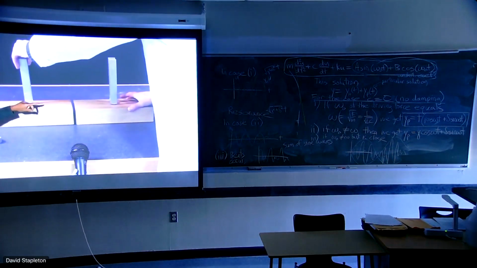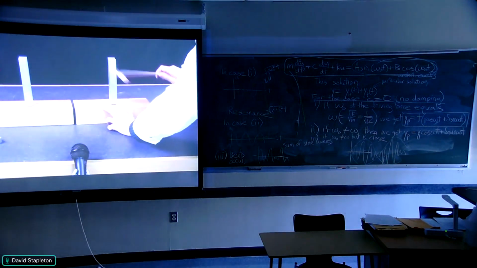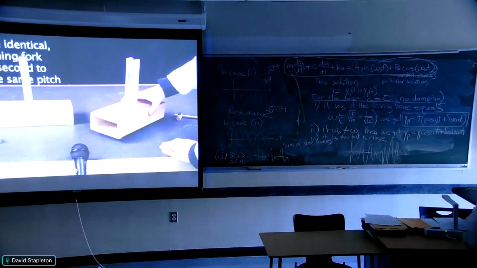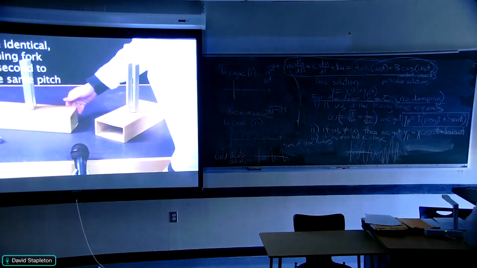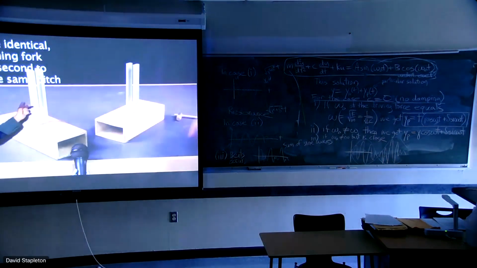If these two tuning forks are exactly the same frequency, you can transmit sound waves from this tuning fork into this. This is how a radio antenna works. If you get two antennas that oscillate at the same actual frequency, you can transmit from one antenna to the other.